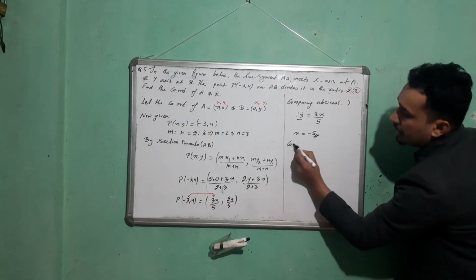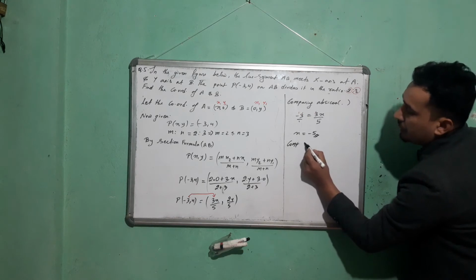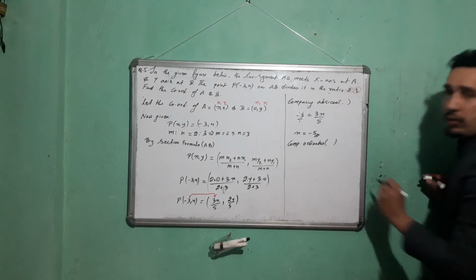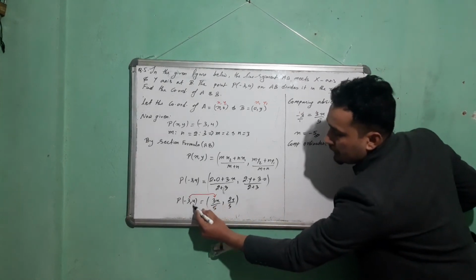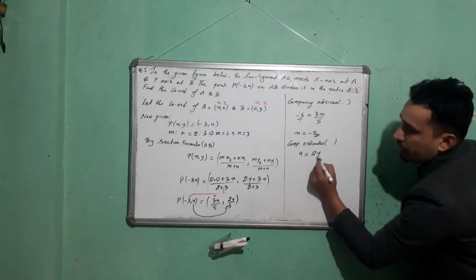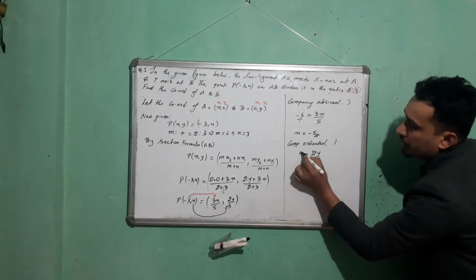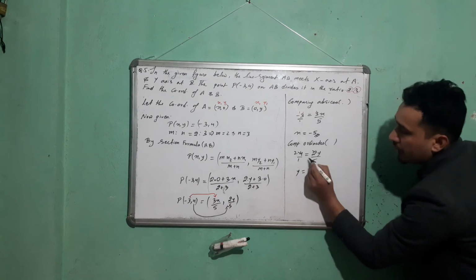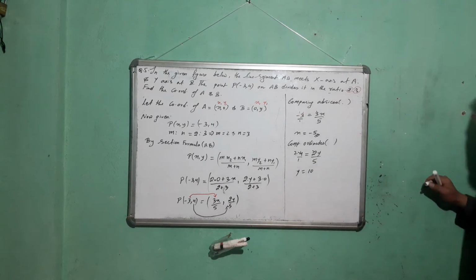Similarly, comparing ordinates, which means the value of y: 4 is equal to 2y upon 5. You can cancel this, 2 1 is 2, 2 2 is 4. Below this is 1, so 1 into y is equal to 2 into 5, which is 10.